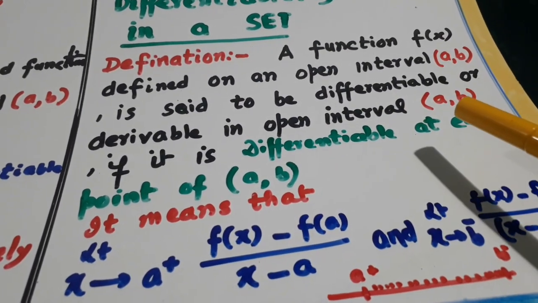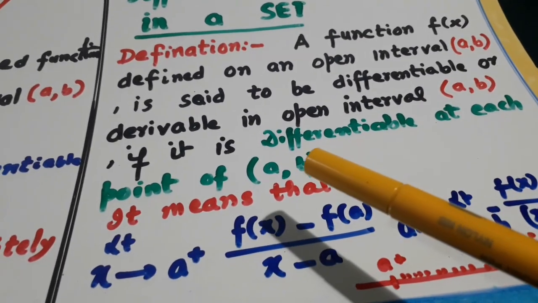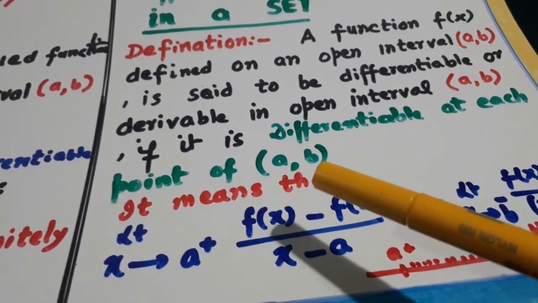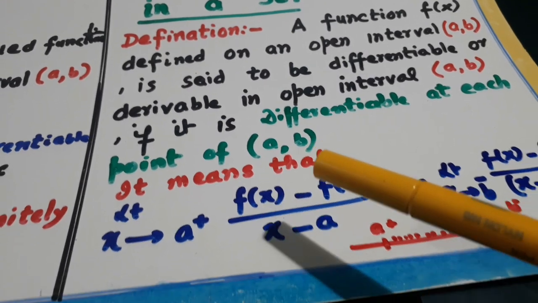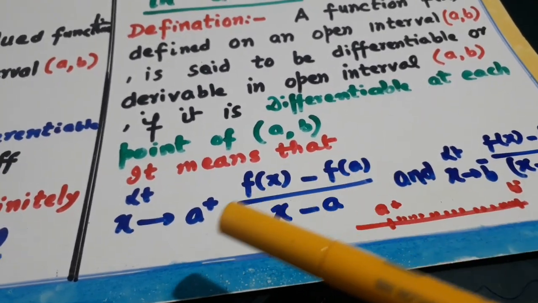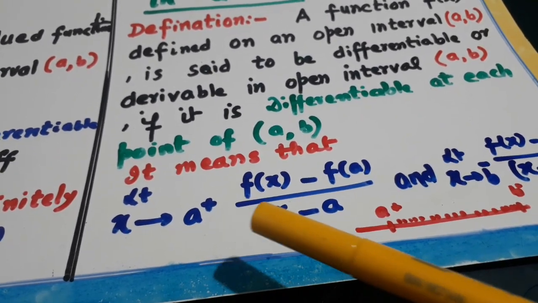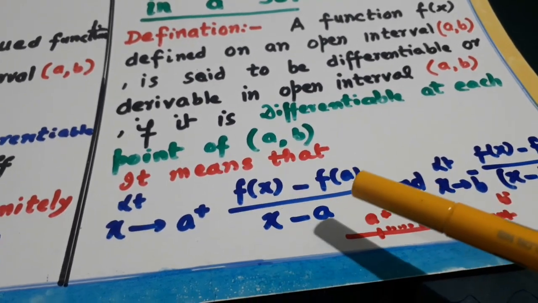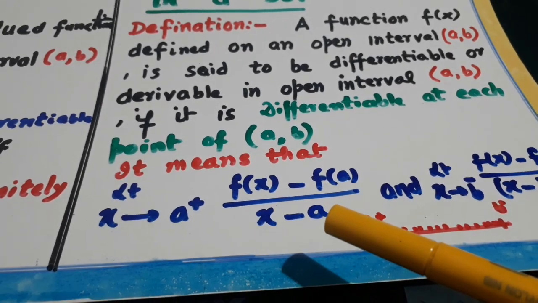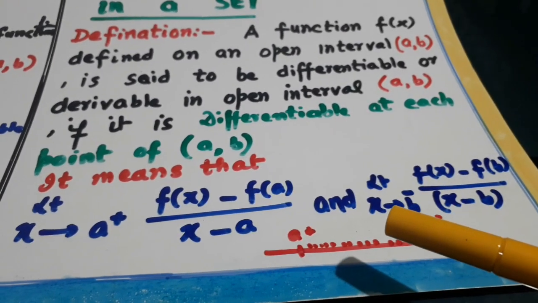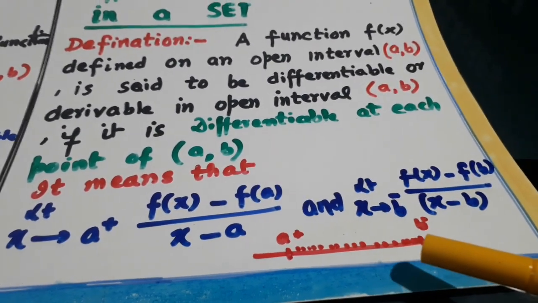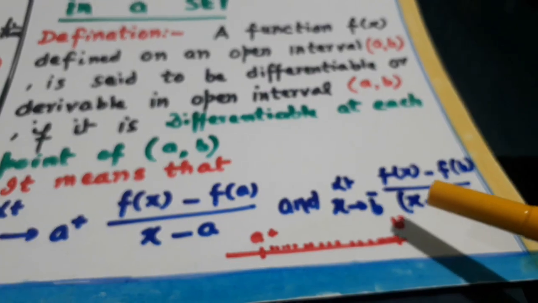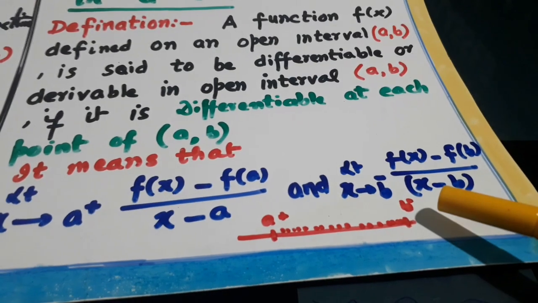It is open interval. It is differentiable at each point of (a, b), it means that limit x goes to a plus, a से ज़्यादा, (f(x) minus f(a)) over (x minus a), and b से कम, limit x goes to b minus, (f(x) minus f(b)) over (x minus b).